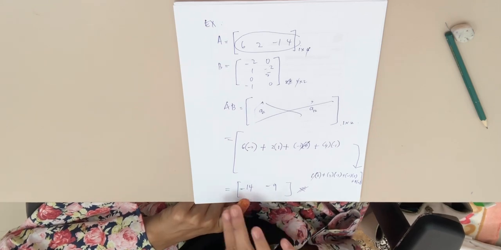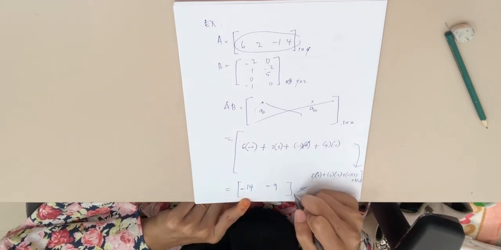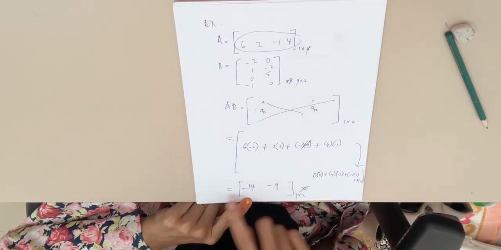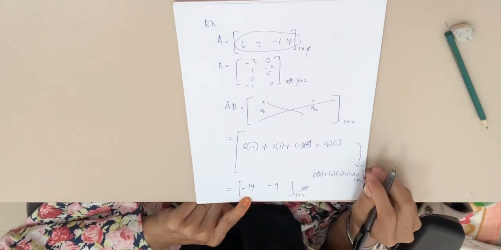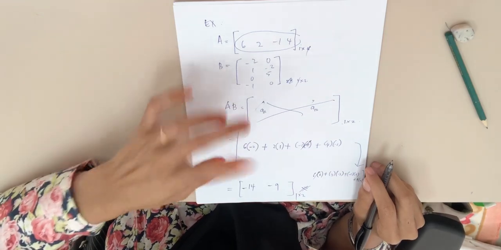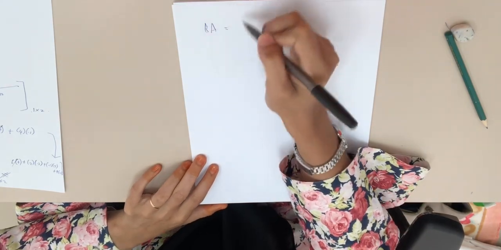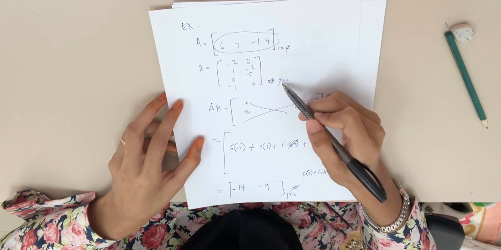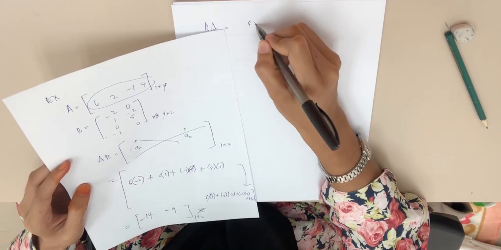You can see that the size is 1 times 2. First row, only one row, and then you have 2 columns. So this is A times B. How about B times A? You can check back. The size of B is 4 times 3.